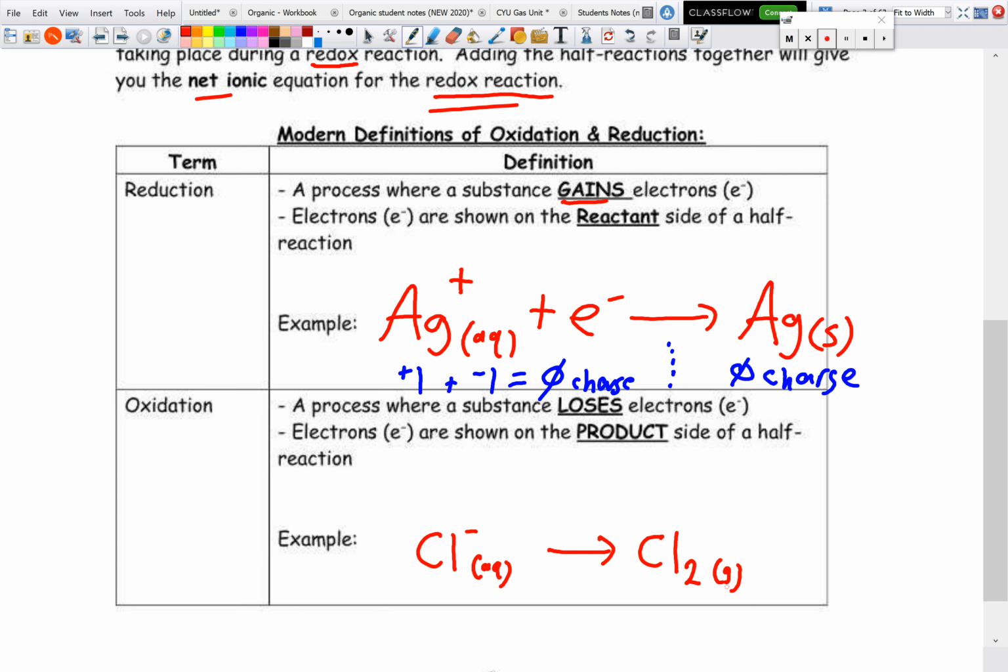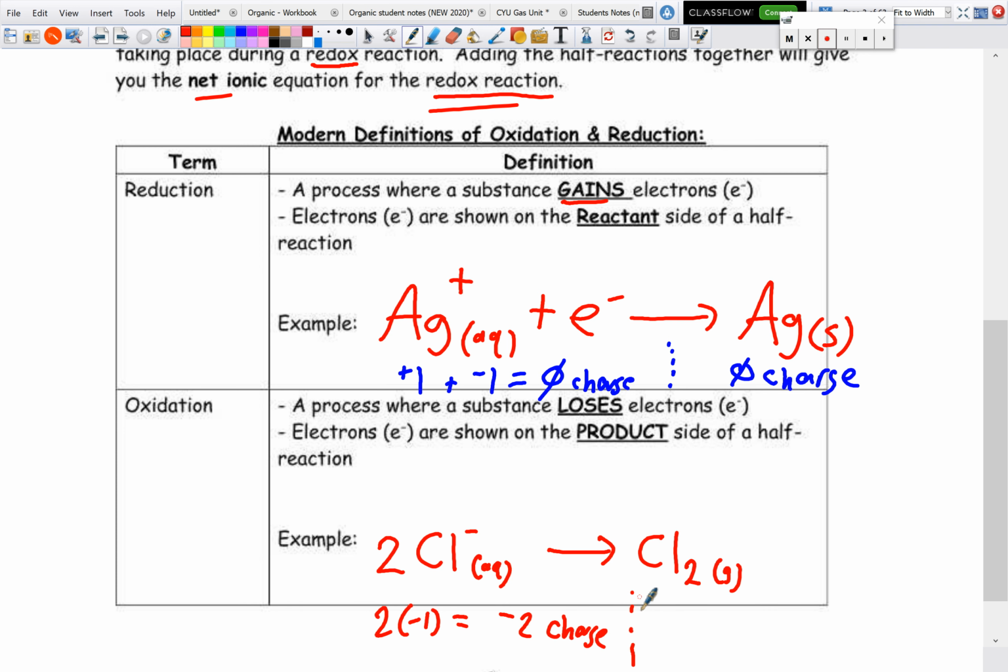Now, for example, balancing by mass, we have only one chlorine on one side but 2 over here, so we'll need a 2 in front. Now, balancing by charge, we'll notice each chlorine ion has a -1 charge, so you've got 2 times a negative 1 for a negative 2 charge. On the other side, chlorine, an element, has a 0 charge.